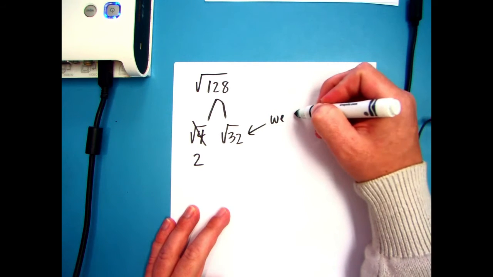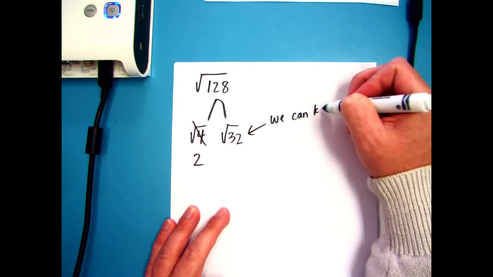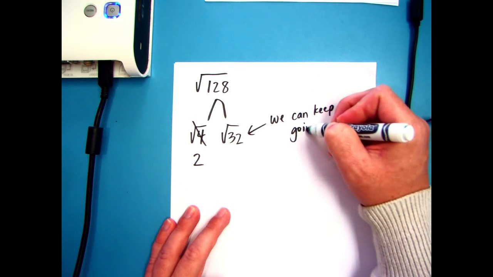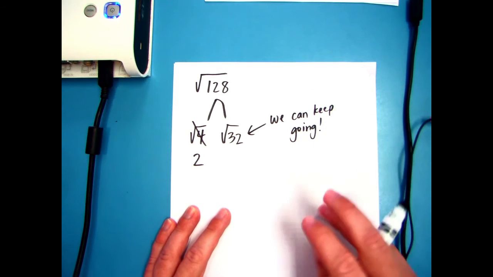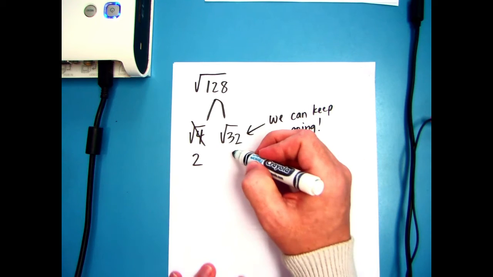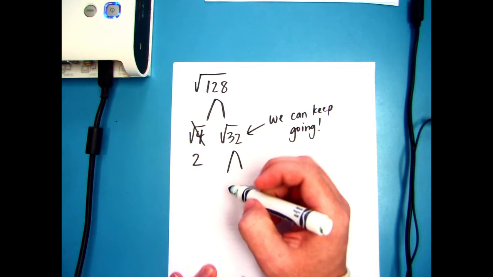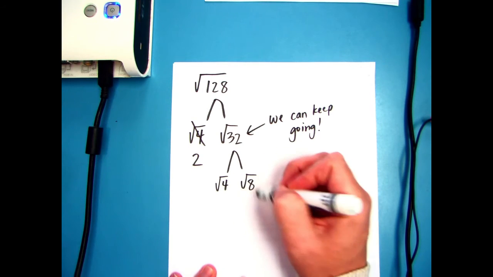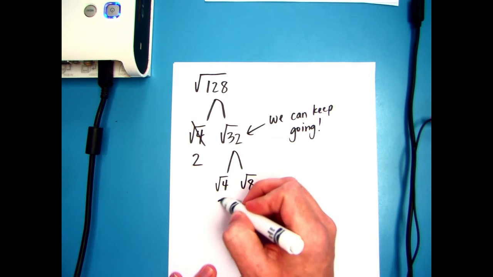Well, we're not done. There definitely are factors of 32 that are perfect squares, so we can keep going. Let's continue our factor tree. Two factors of 32 are square root of 4 and square root of 8.